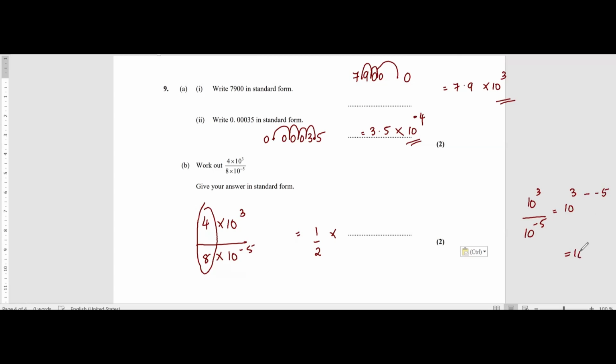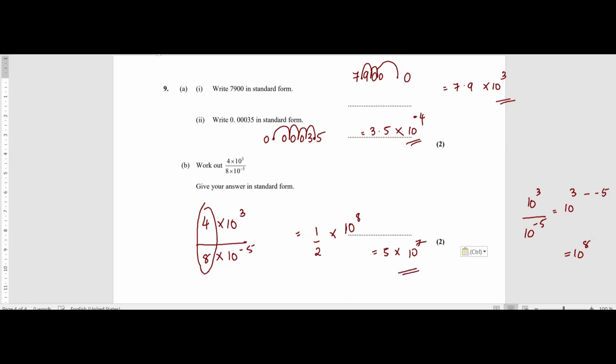That is 10 to the power of 8. So this part will become 10 to the power of 8, and 10 to the power of 8 divided by 2 will be 5 into 10 to the power of 7.